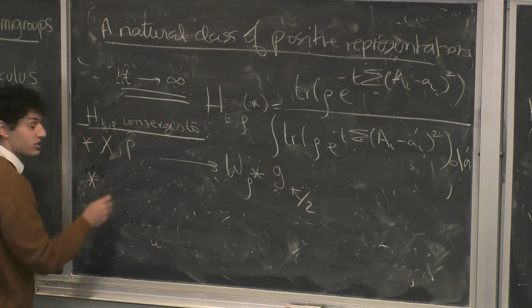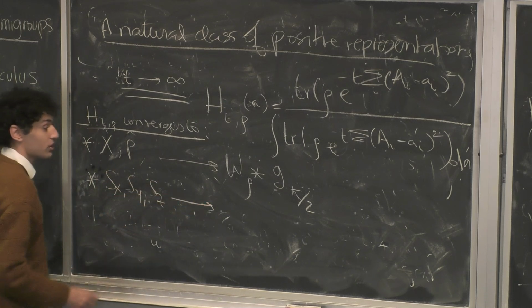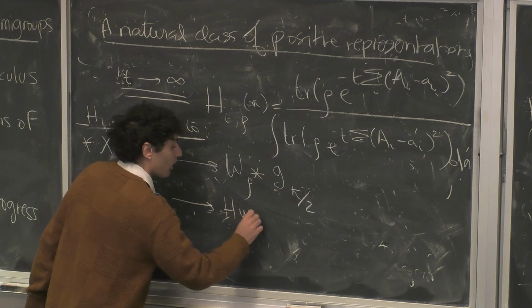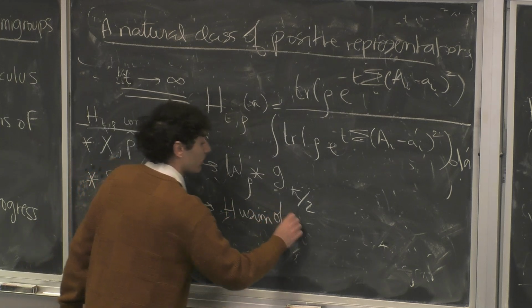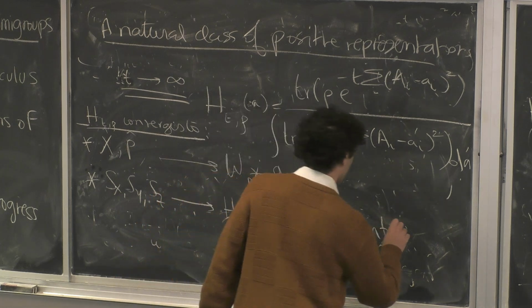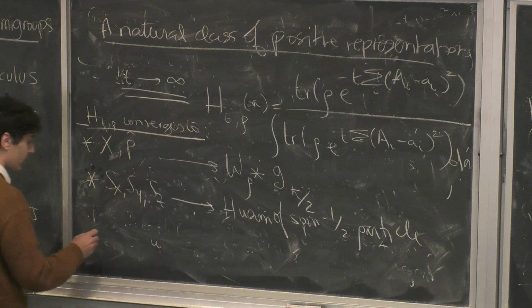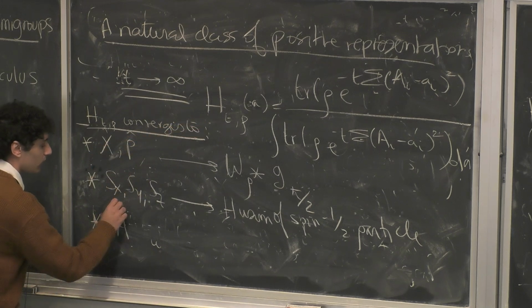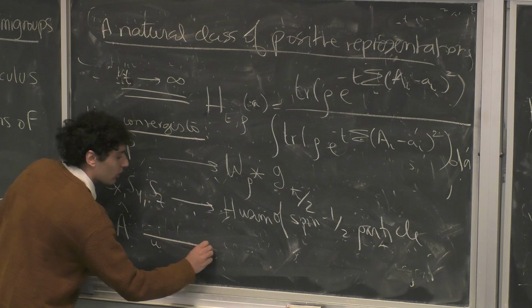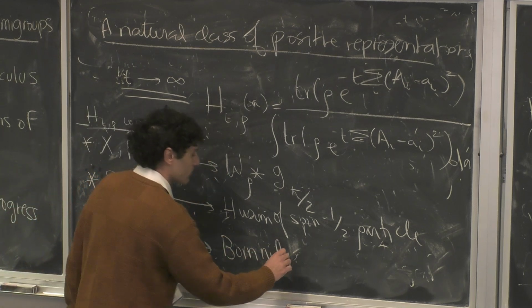If the three operators are the spin operators, you converge to the Husimi function of a spin half particle, which is well known in the literature. And if you take here just one self-adjoint operator, this function converges to the Born rule of quantum measurement.